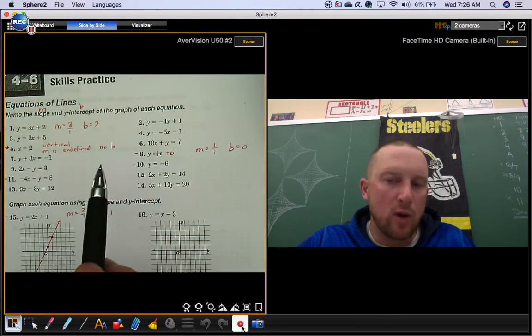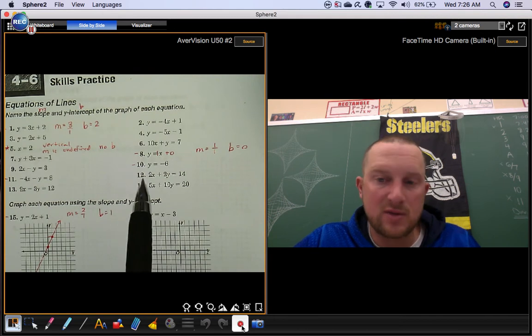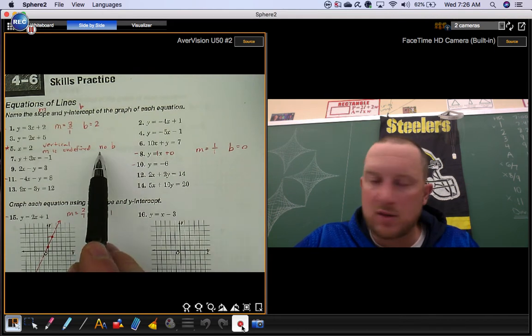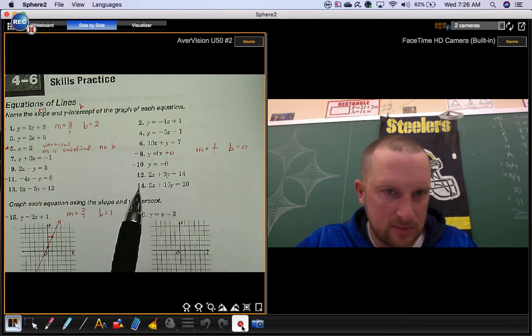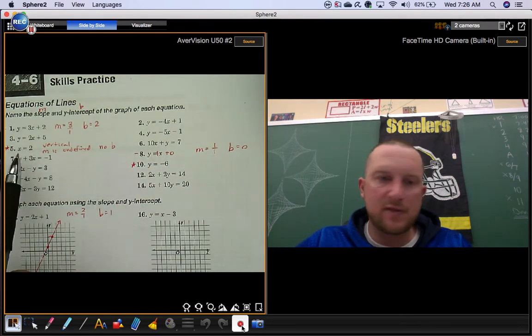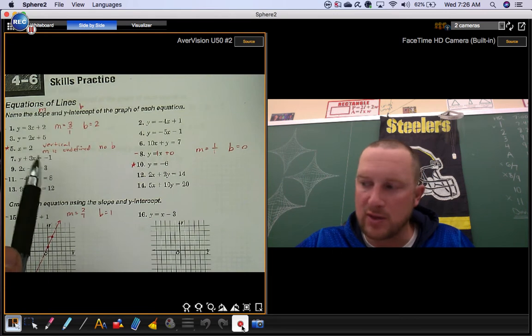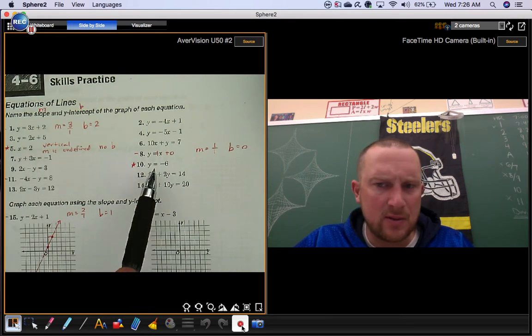So you're not going to have a y-intercept. Don't put 0. The y-intercept is not 0. Sometimes people think, well, I'll put 0 because there isn't one. 0 is a place. Just write that there's no y-intercept, or the y-intercept does not exist. Now, if this made sense, no y value, x equals a number, that's a vertical line. What do you think is going to happen when there's no x value?